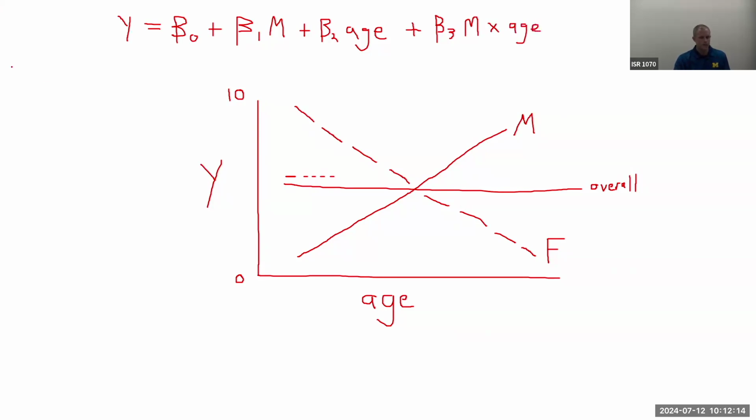Okay. So let's just test your guys' knowledge of what we're seeing in this picture. Given that y ranges between 0 and 10, here's our coefficient. Here's the estimated value of that coefficient. What is the estimated value of beta 0?